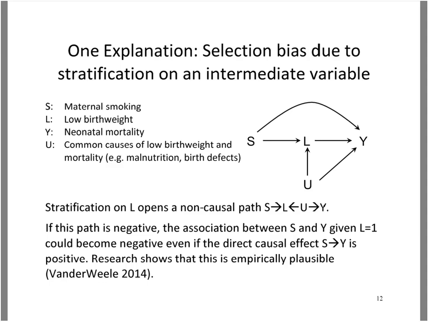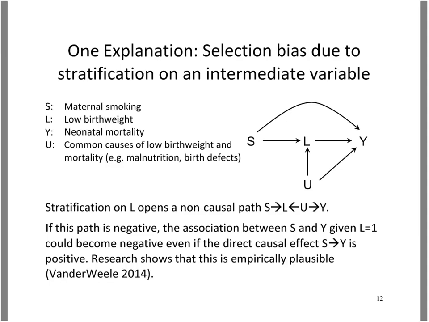Now remember what happens when you condition on a collider. Conditioning on a collider opens the path that goes through the collider and induces an association between the collider's immediate causes. Thus, conditioning on L will now open up a non-causal association between S, U, and Y, such that the conditional association between smoking and birth weight, conditional on low birth weight, is no longer purely a causal association.